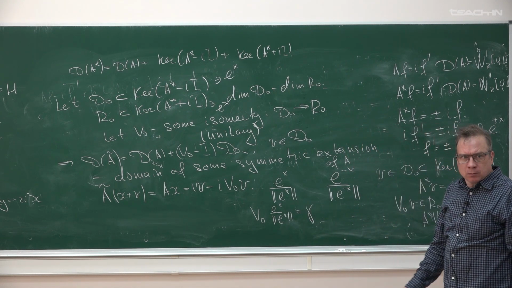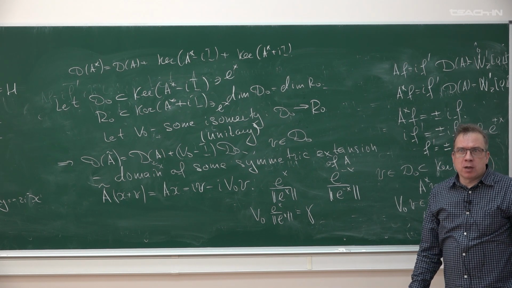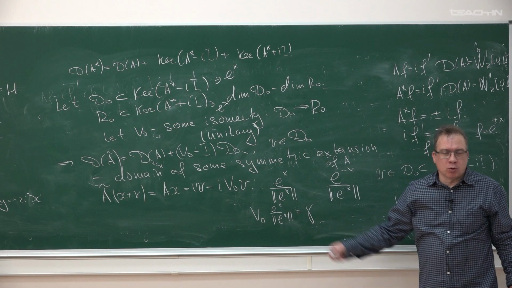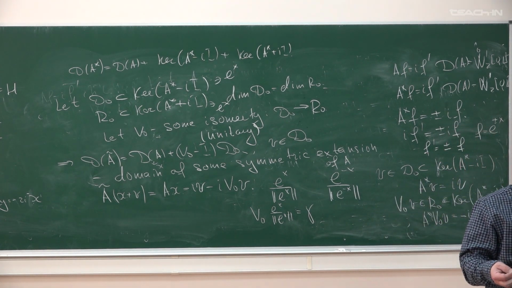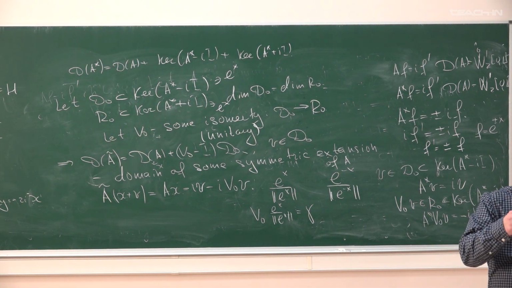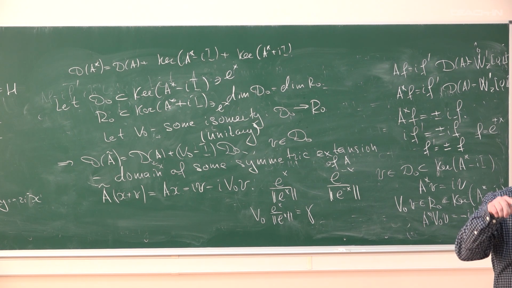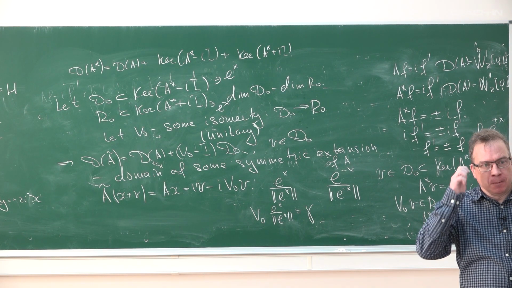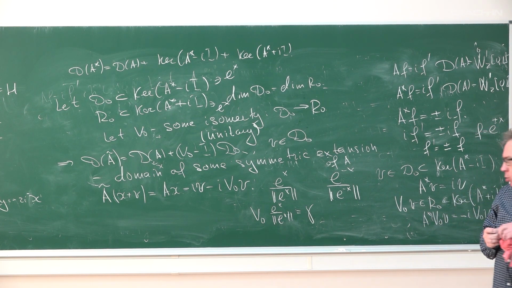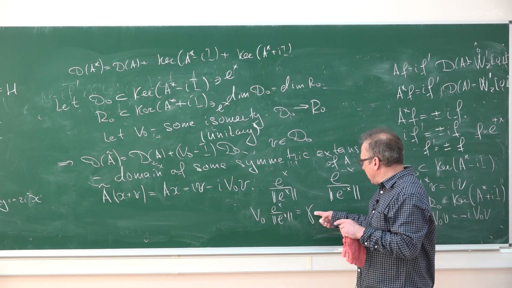If it is not normalized, you don't know what number you must multiply by. If the norm is 1, then a unitary operator is multiplication by a number with absolute value equal to 1. So V0 equals some gamma times this.